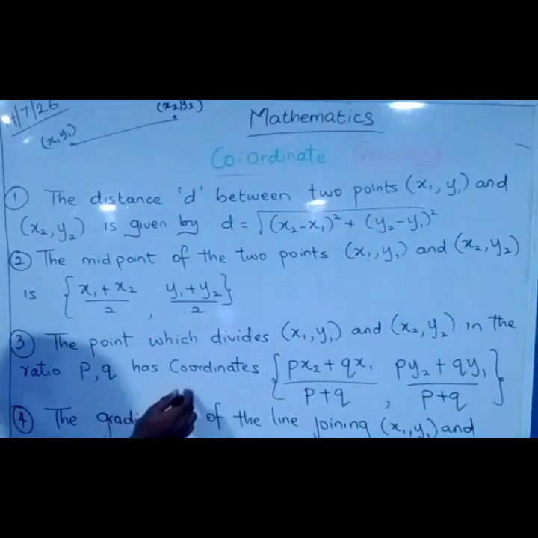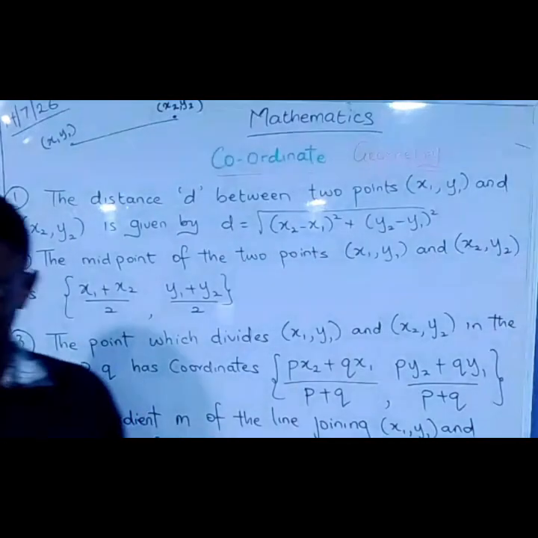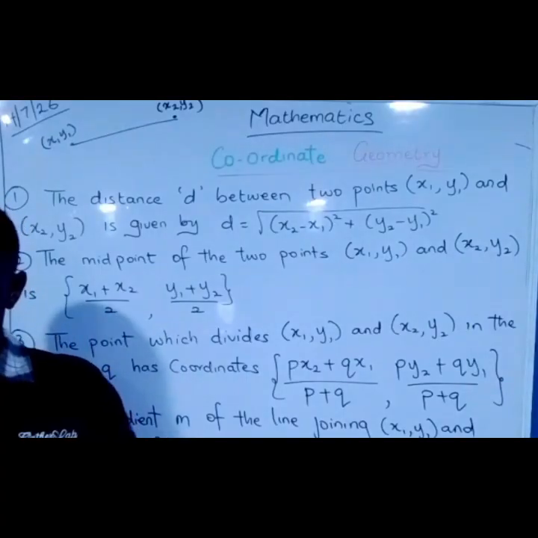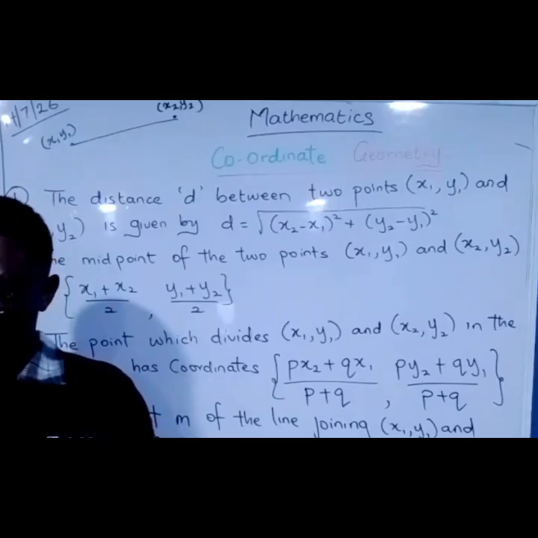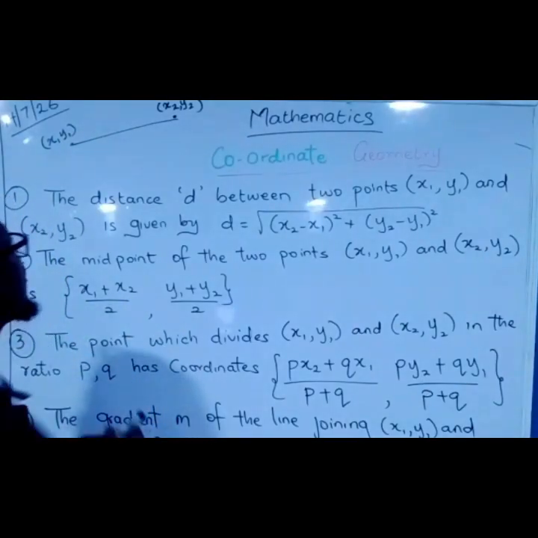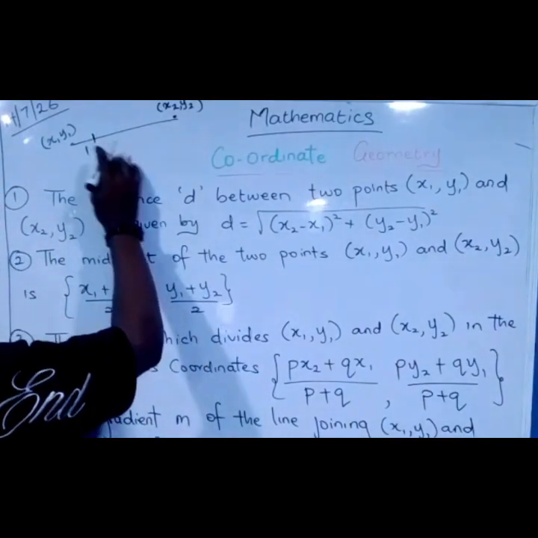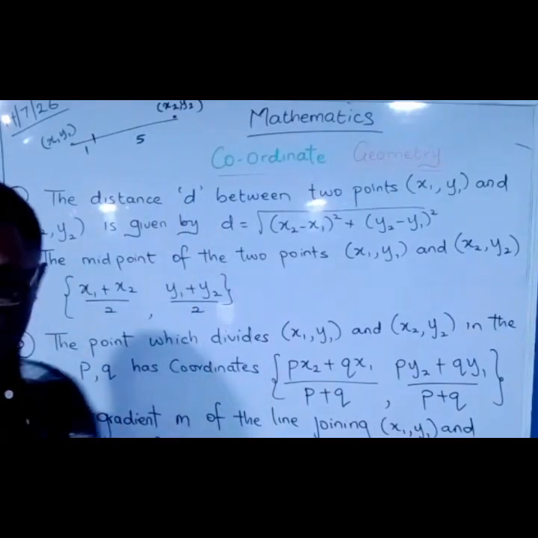But this one now is not telling you the middle again. It's telling you that you want to divide it into a ratio of your choice. You're not dividing it into 50-50 again. Maybe you want to divide it into a ratio, maybe 1:5, something like that.